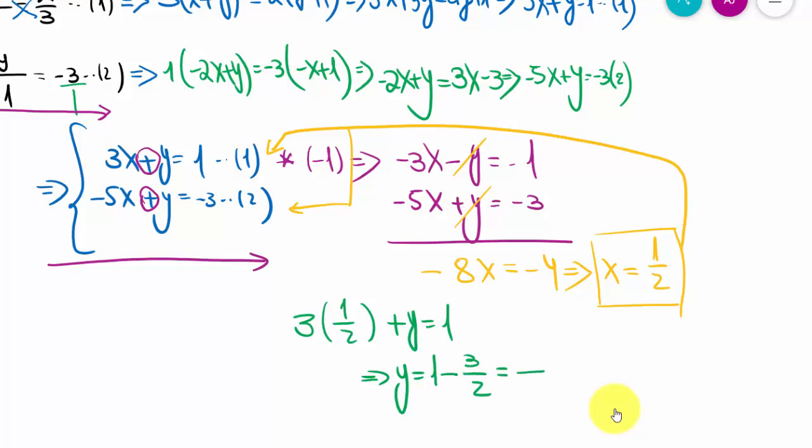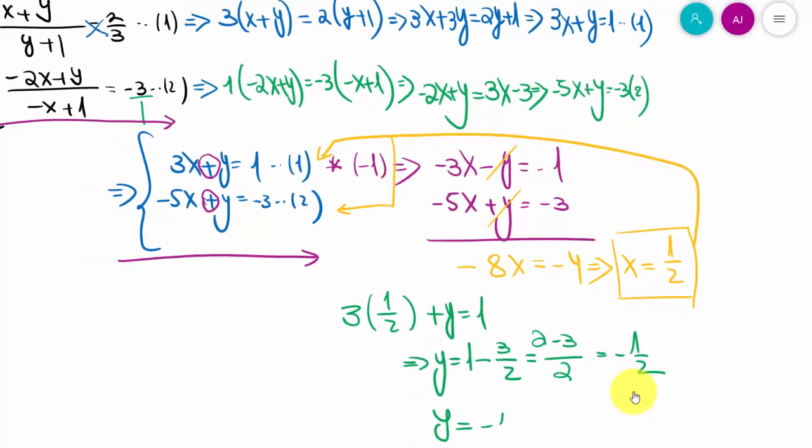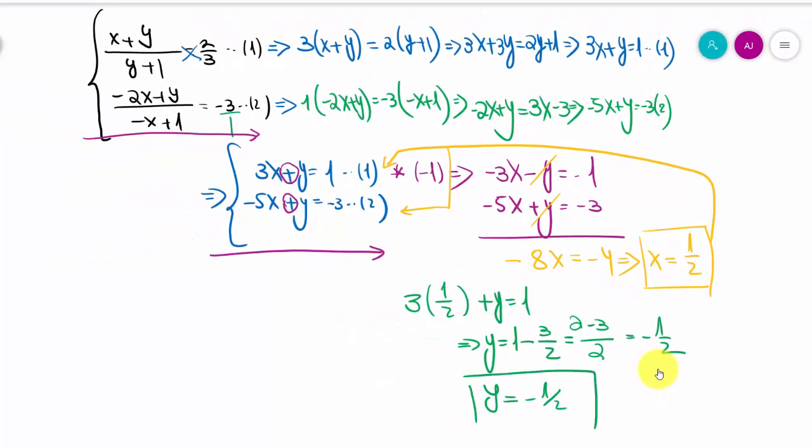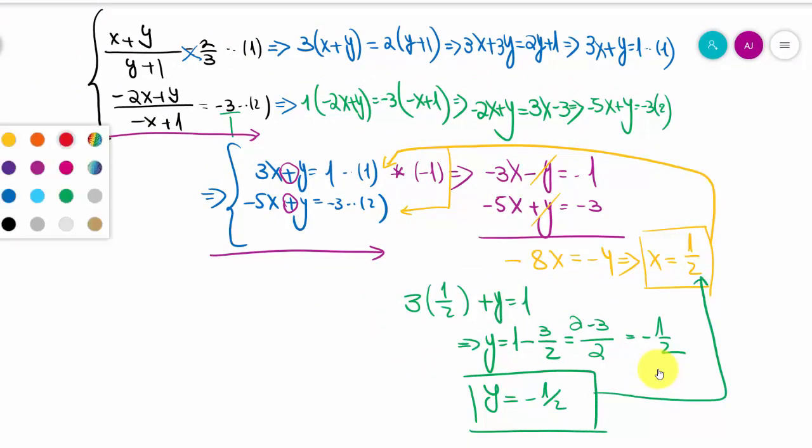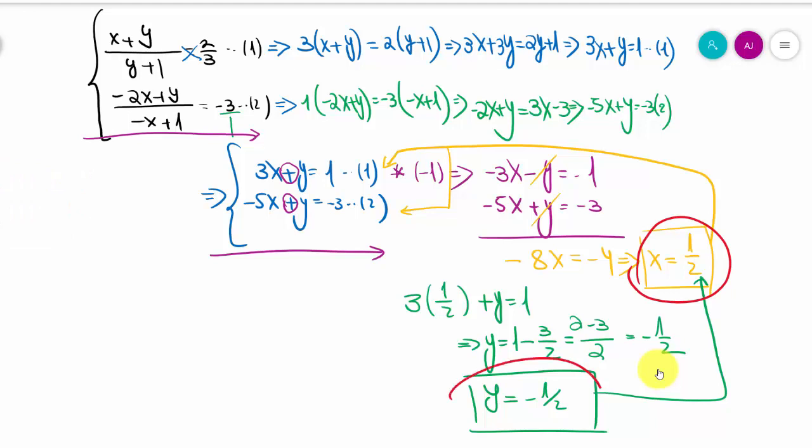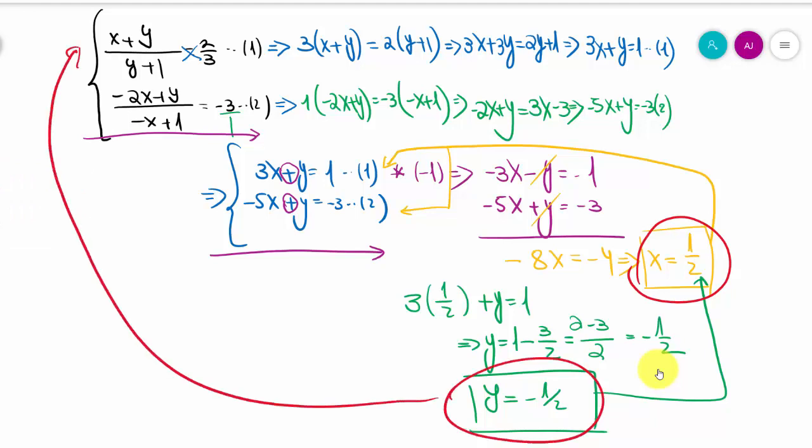If you take 2 as a common denominator, it becomes 2 minus 3 over 2. So as a result, y is equal to minus 1/2, and x is what we already found, which is plus 1/2.